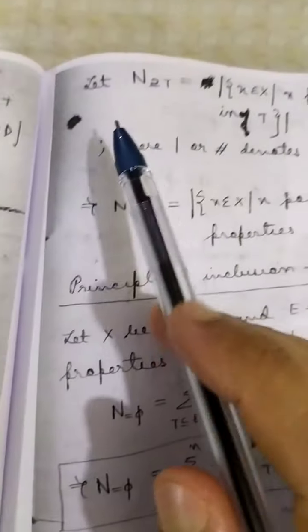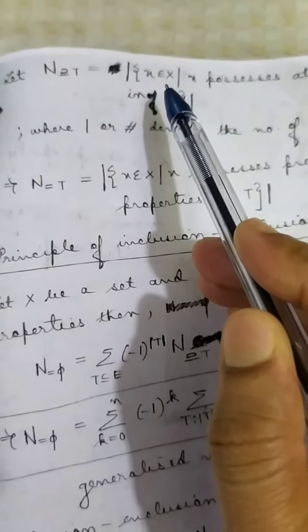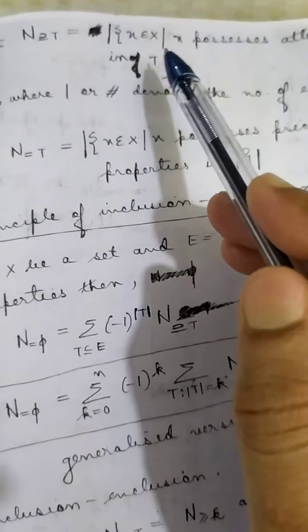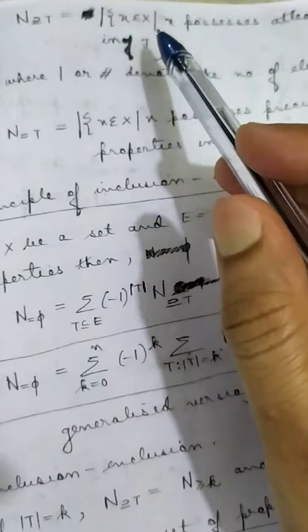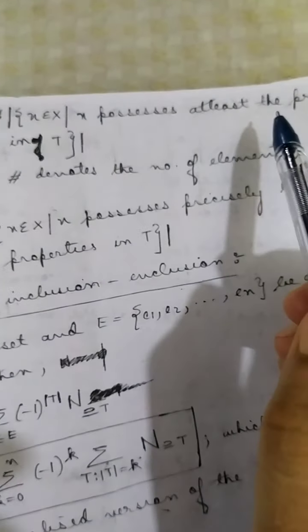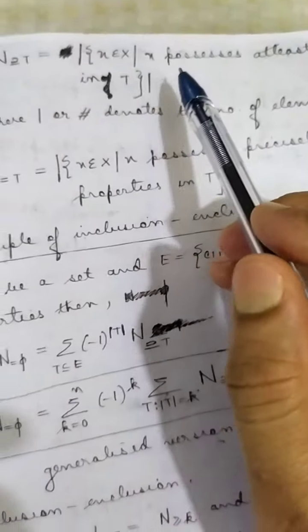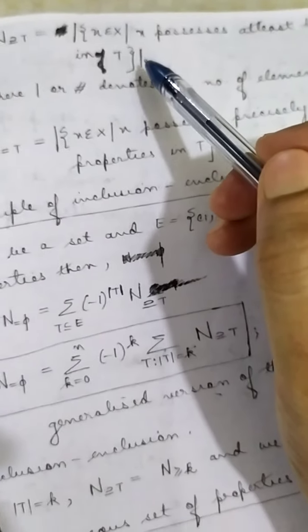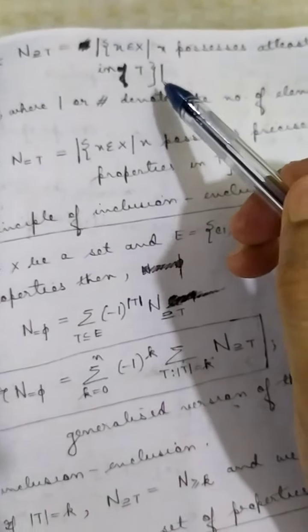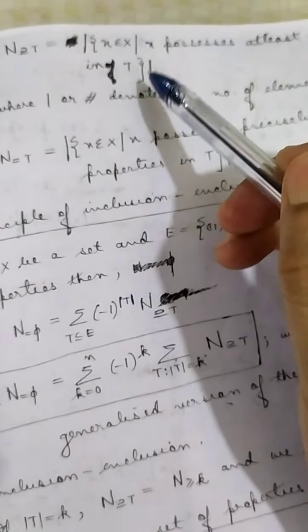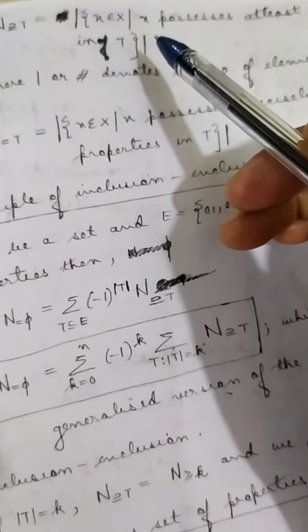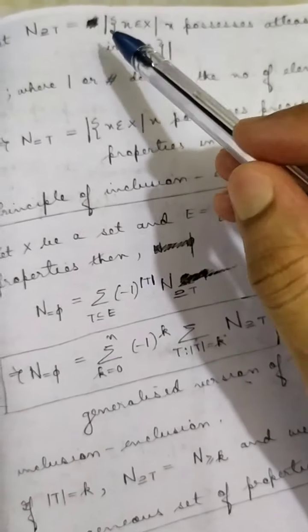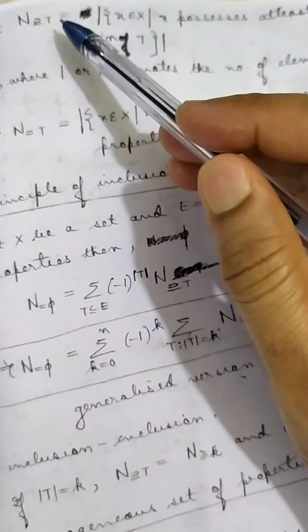It is the number of elements in the set capital X, written with a superset of T. It means X possesses at least the properties of T. If T is equal to E1, X possesses at least the property E1. That is, T contains the element E1.